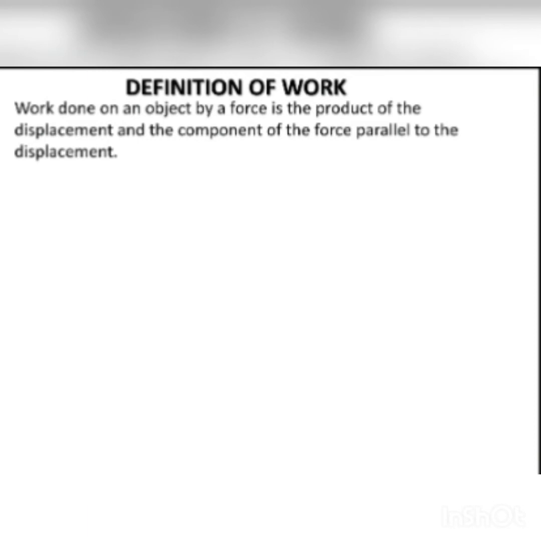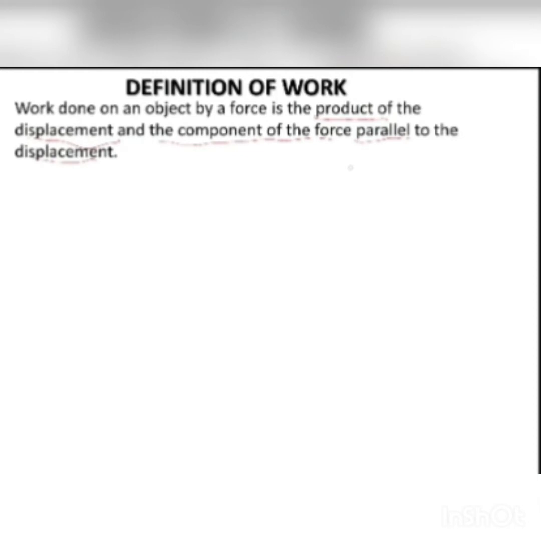So let's look into the definition that we have here, which we will use to describe the term work in terms of physical sciences. So work done on an object by a force is the product of the displacement and the component of the force that is parallel to the displacement.